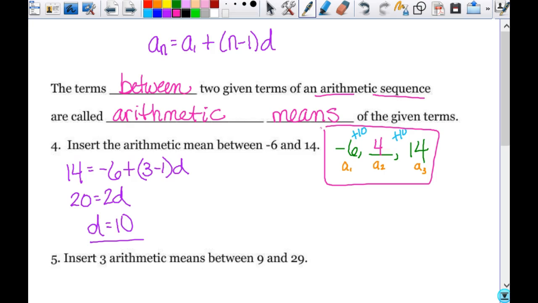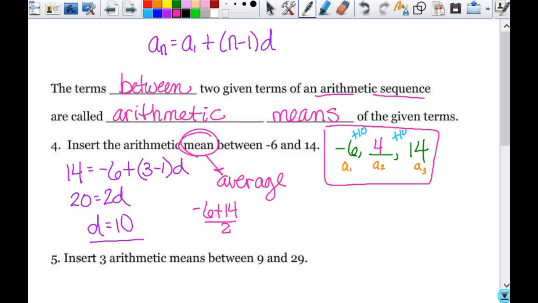What does mean mean? Average. Mean means average, right? So in this particular case, I could have just taken the average of the two, right? I could have just said -6 plus 14 over 2. Doesn't that give me 4?